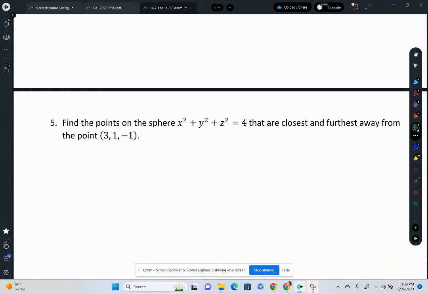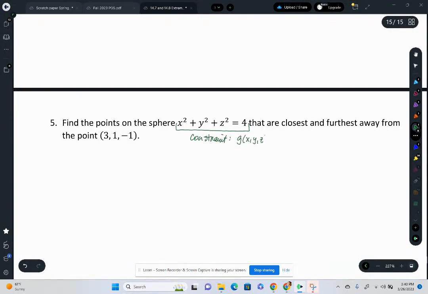Our constraint is actually the figure we're examining, the sphere: g of x, y, z is x squared plus y squared plus z squared equals 4.